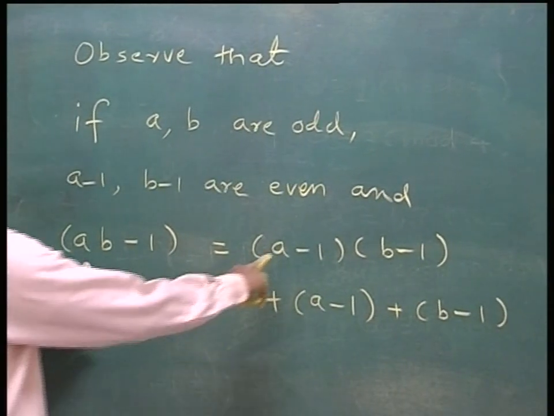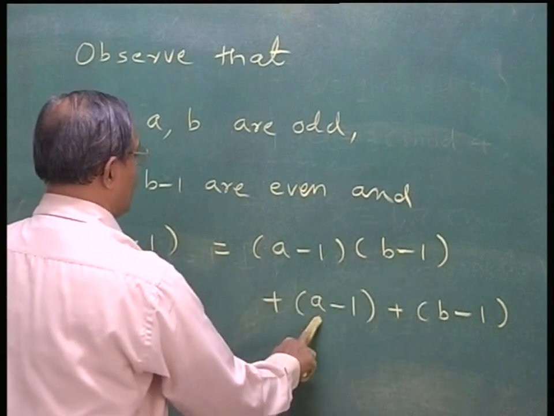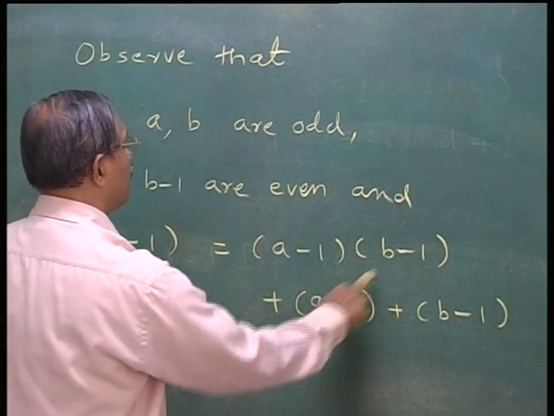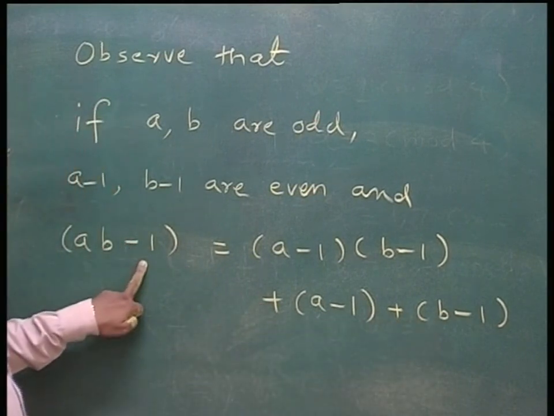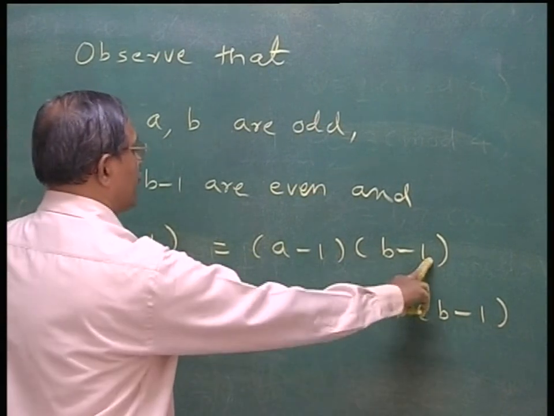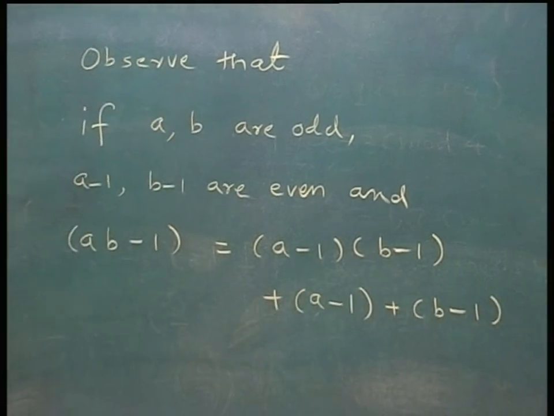So AB is here, A into minus 1, so minus A plus A gets cancelled. Similarly, minus B plus B gets cancelled. And we have minus 1 here. Here we have plus 1, minus 1, minus 1. So we get minus 4 also adjusted.